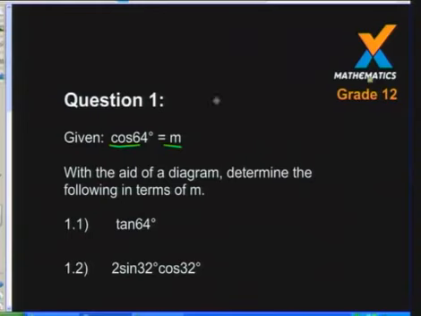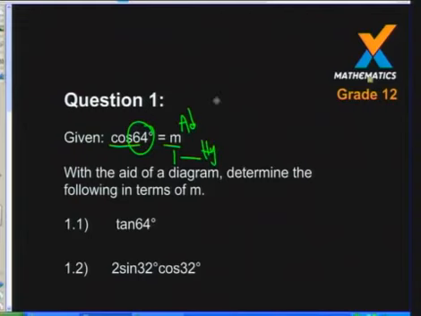What is cos? Cos is adjacent over hypotenuse. In this case, it's adjacent over hypotenuse, but this equals m. So m can be written as m over 1. So we can have a right angle triangle with 64 degrees, where the m can be the adjacent, and 1 can be the hypotenuse.